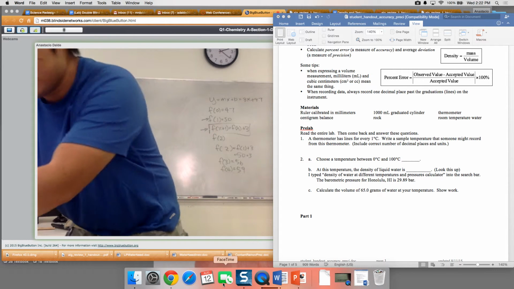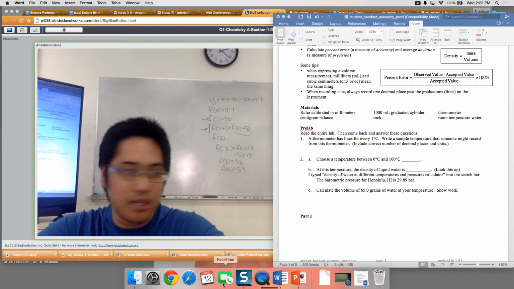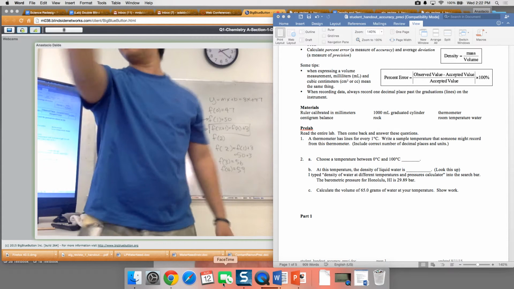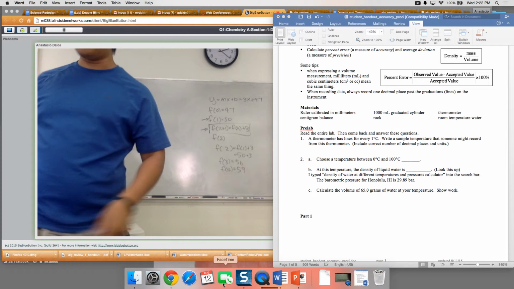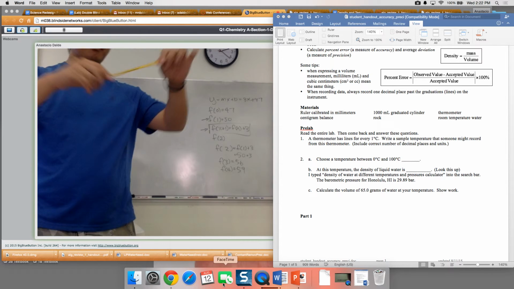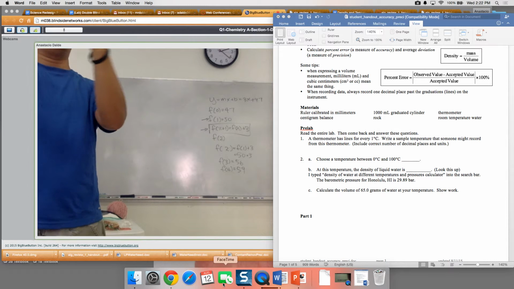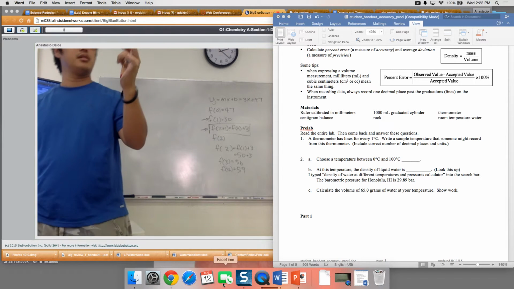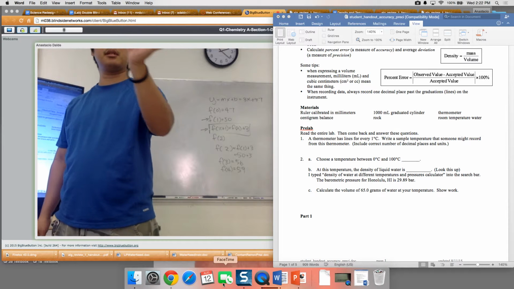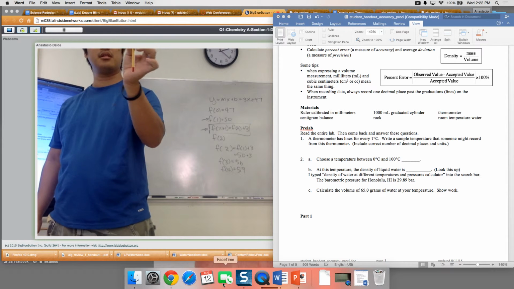What you're going to do is look at a thermometer. Someone pass me their thermometer. All right. Let's do the pre-lab together. Look at your thermometer. It goes in increments of what? Tens, hundreds, ones? What are each line?